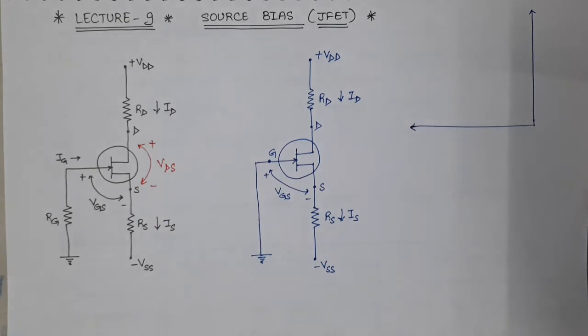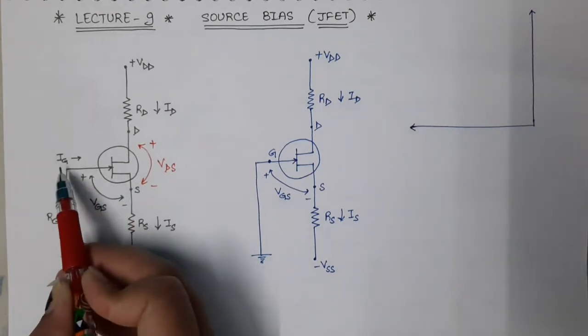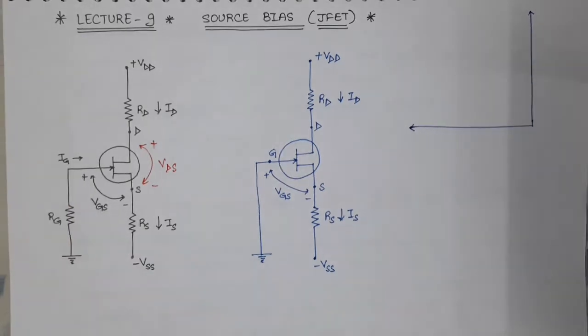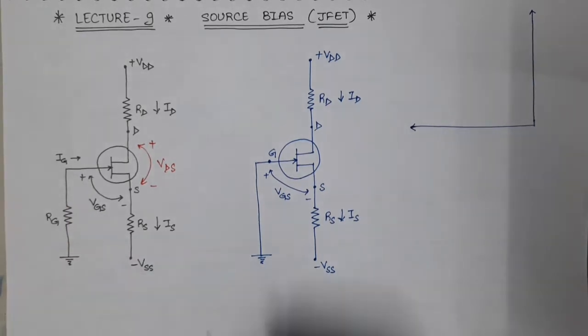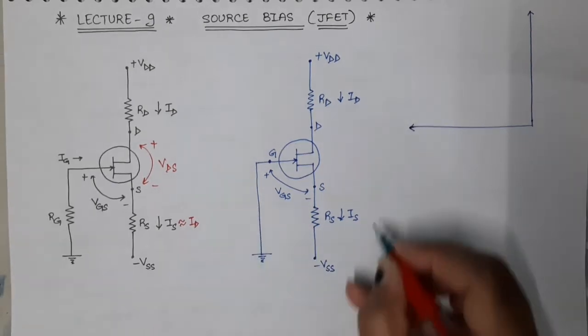But we know that current through the channel is the same, means drain current is approximately equal to source current. Why? Because of the high input impedance of the gate terminal, the gate current is approximately zero. So that is why IS is approximately equal to ID.